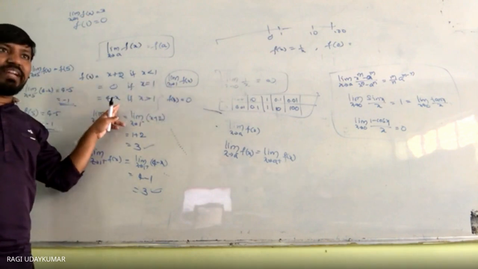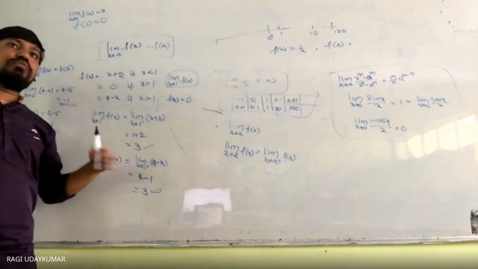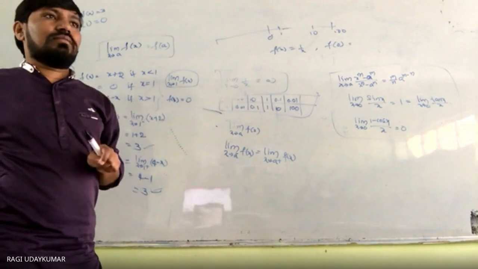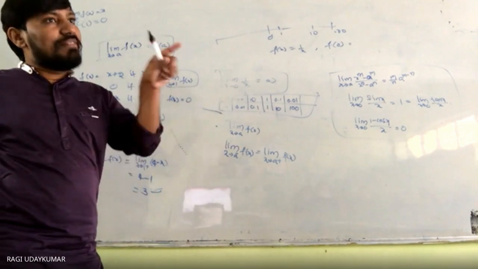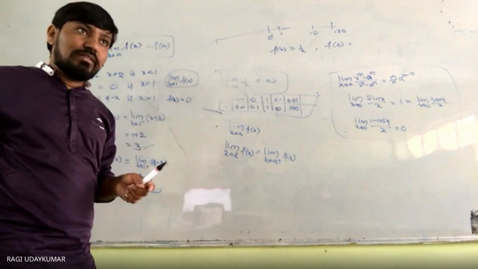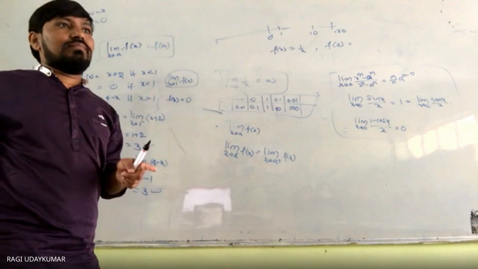First, x minus 2 is given. When x minus 2 is given, it is not continuous at x equal to 1, but it is continuous everywhere else. So this function is discontinuous at x equal to 1.